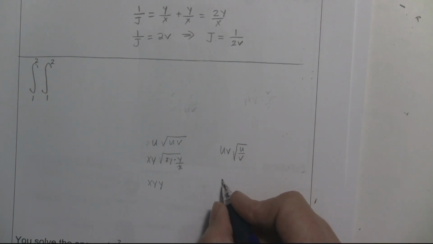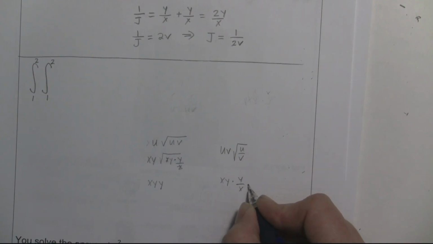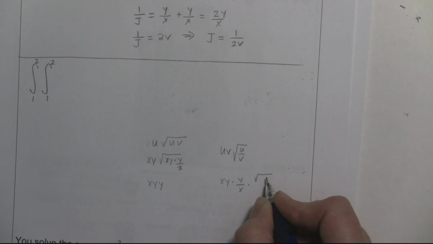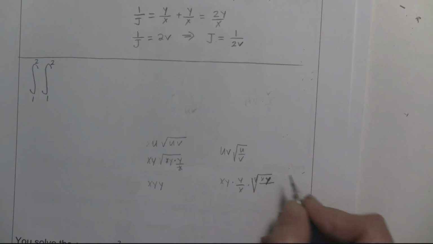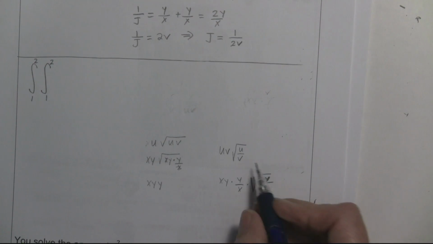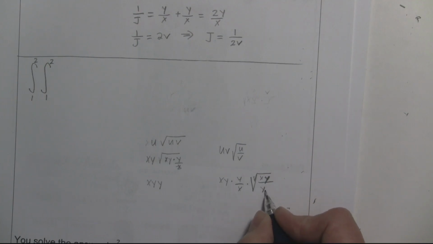So let's see, U is XY, then V is Y over X, and then we have the square root of U, which is XY, divided by V. And what is V? V is Y over X.